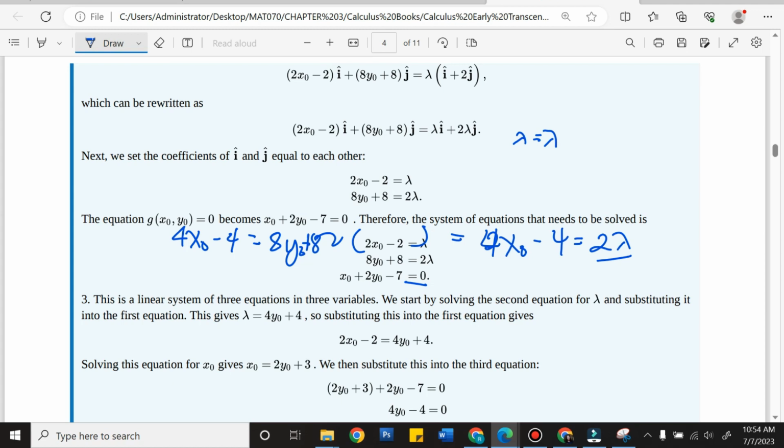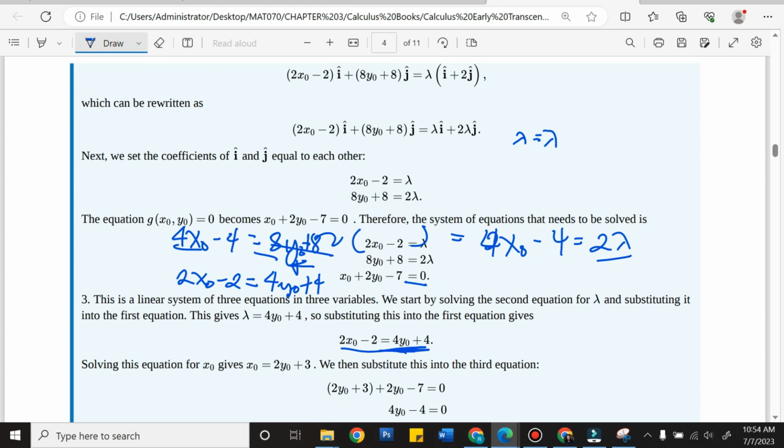So, after that, we'll try to simplify. Transpose and equate to 0. Okay, so we can divide both sides by 2. So, I'll have 2x sub o minus 2 equals 4y sub o plus 4.